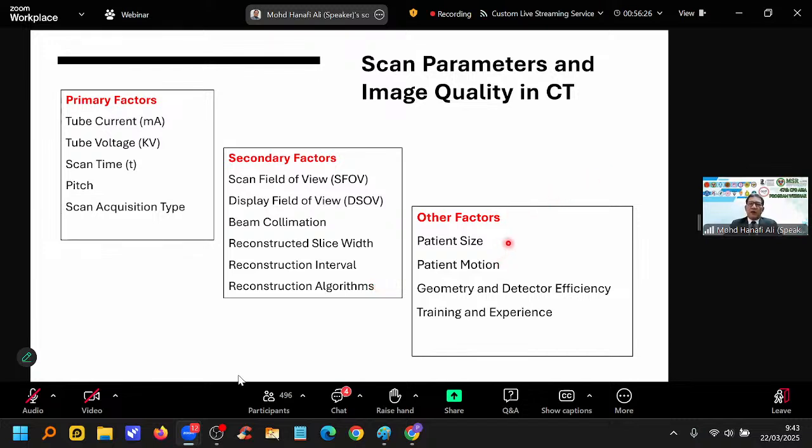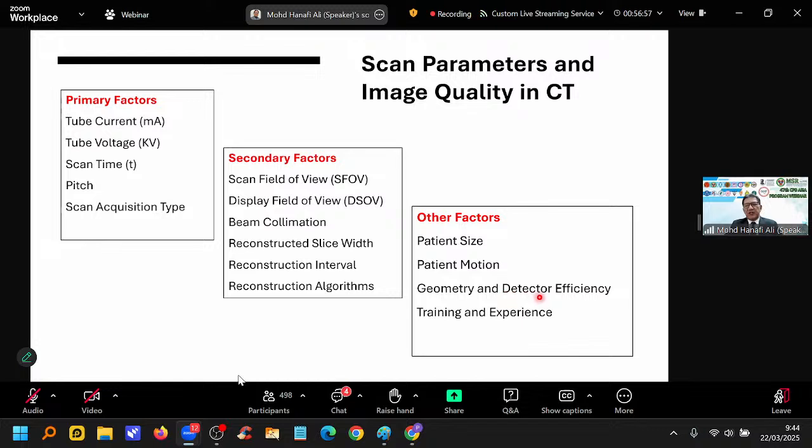Once we have those two factors, the other one relates to patients and equipment. The first two are patient size and patient motion. We can avoid patient motion, but patient size, of course, we need to accept, and we have to adjust the situation with the parameters that we have.